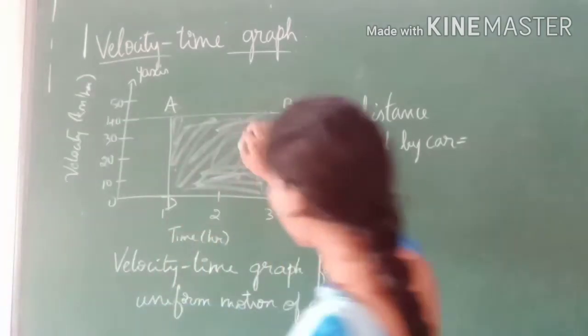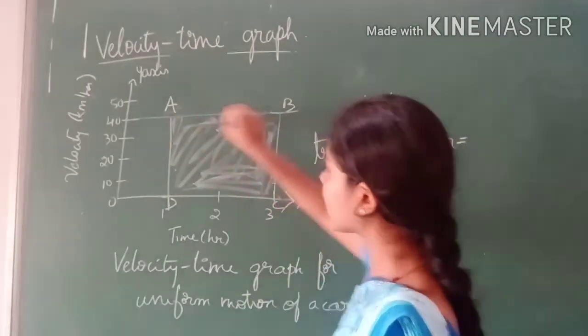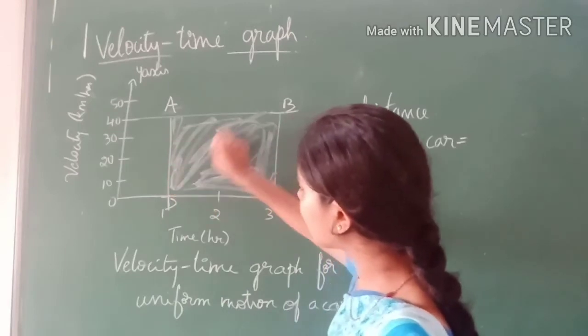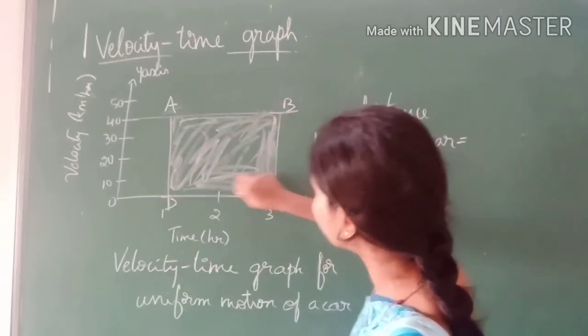This is in rectangular shape. What is this in the rectangle? It is nothing but the area, right? This shaded region gives the area.